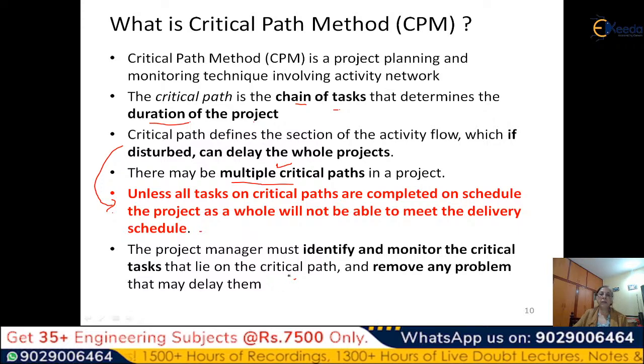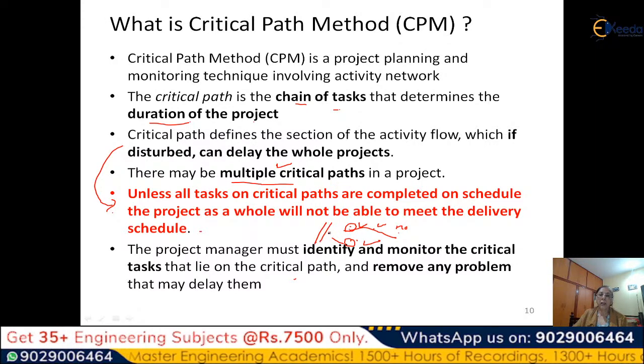But one thing that we have not said here is that when you have multiple critical activities on the critical chain, if you reduce one activity by giving another resource, then another non-critical activity may become critical. That means by taking action on a critical path, you may make it non-critical, and something else may become critical.